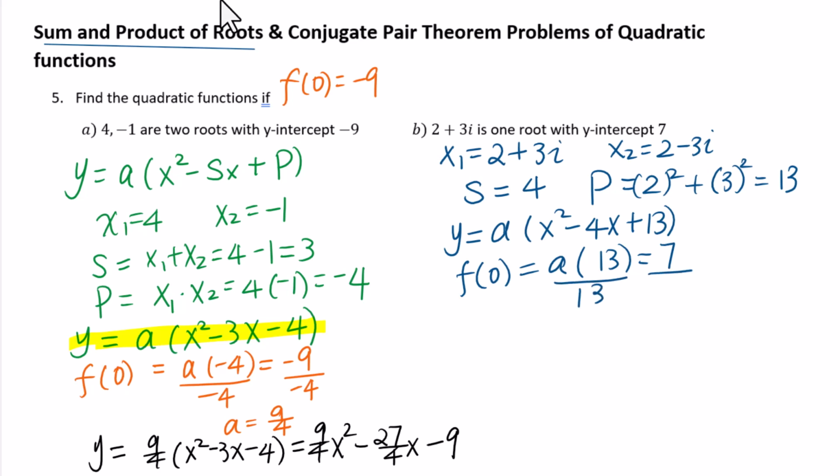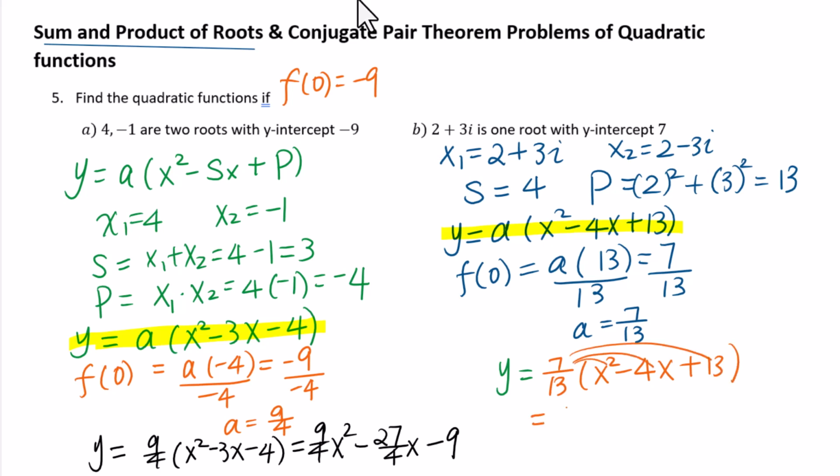Divide by 13 on both sides. a equals 7 over 13. So we plug a back into this function: 7 over 13 times x squared minus 4x plus 13, which is 7 over 13 x squared minus 28 over 13 x plus 7.